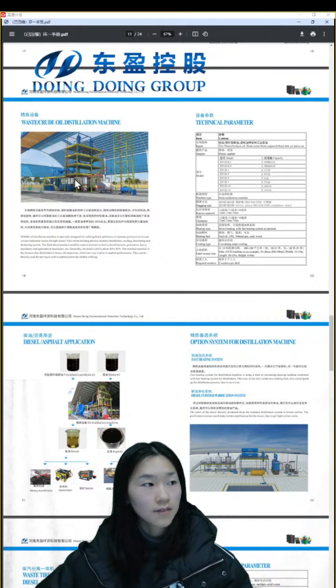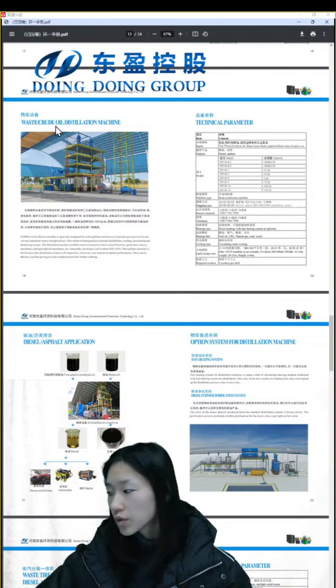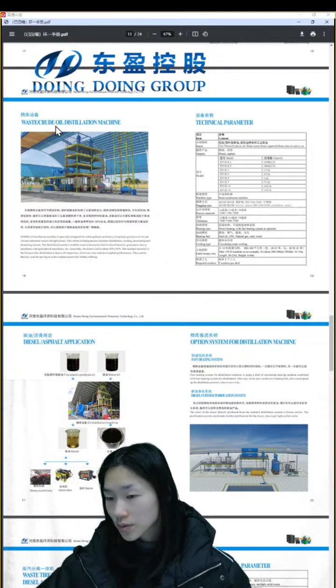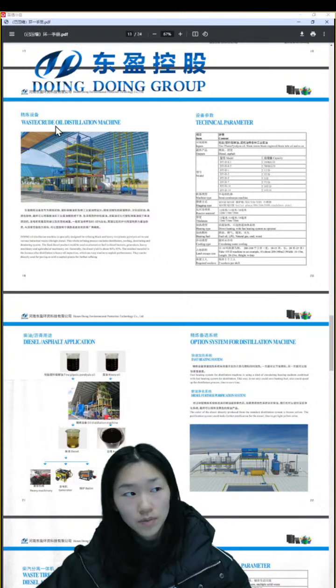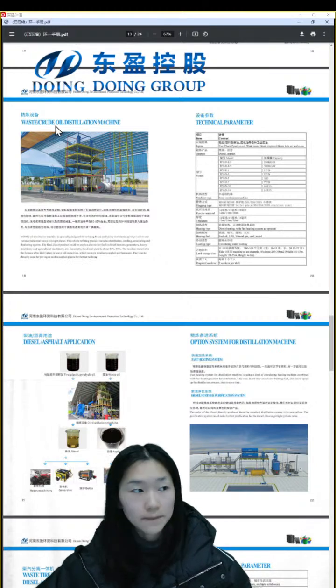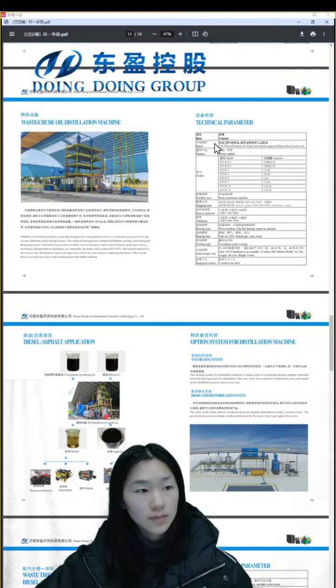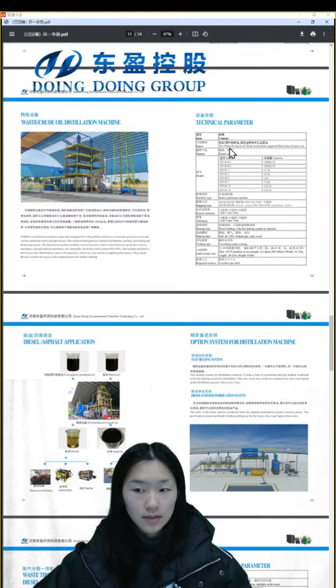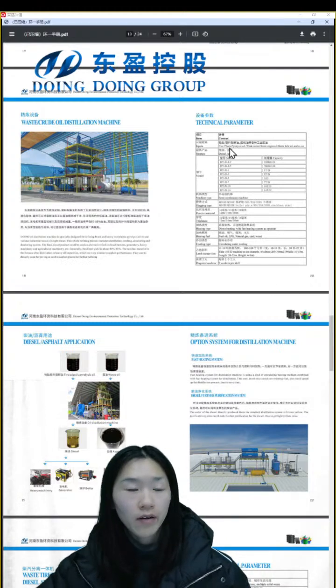Okay, let's see our waste engine oil, tire pyrolysis oil, plastic pyrolysis oil to diesel distillation machine. For the distillation machine, you put the waste engine oil, tire oil, plastic oil, and crude oil into this machine.